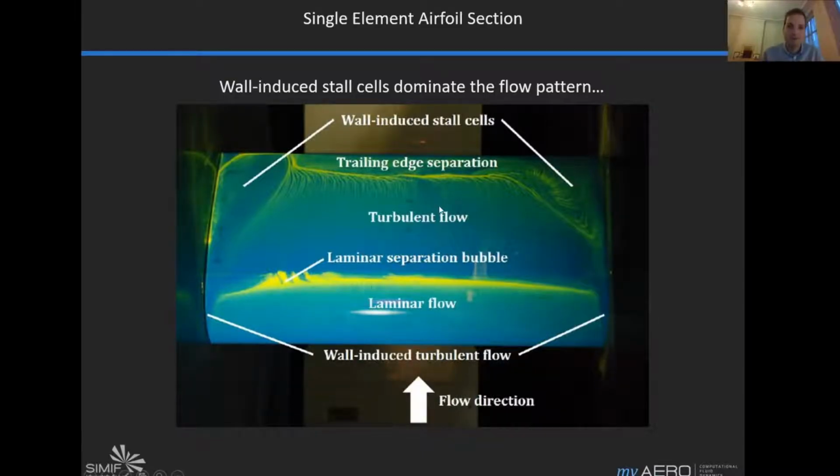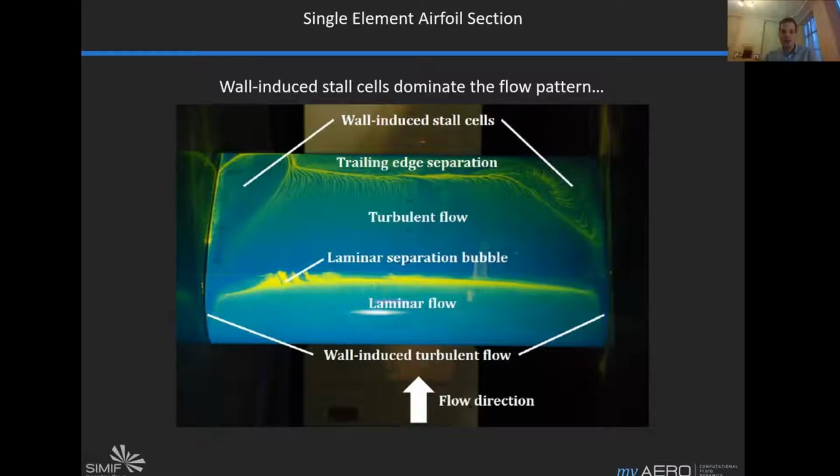This flow pattern in the center section is very much as we expected it to be. We have laminar flow, we have a laminar separation bubble, we have turbulent flow and trailing edge separation. This is what we were looking for. We weren't looking for what you can see at the wall.